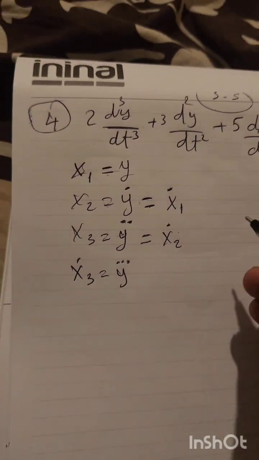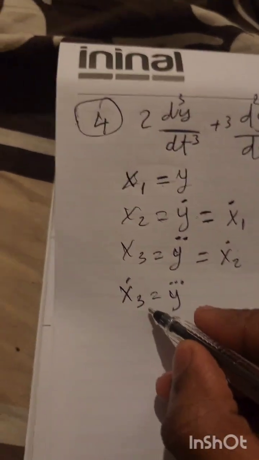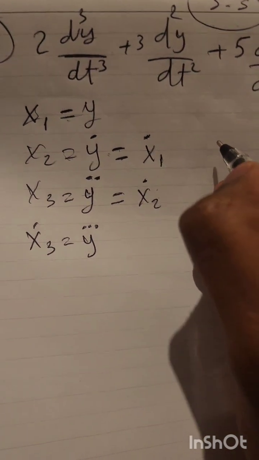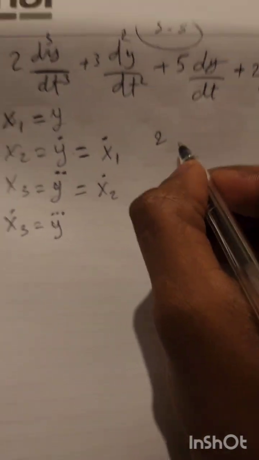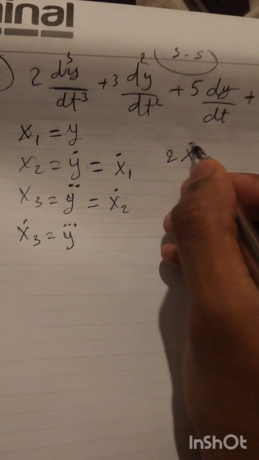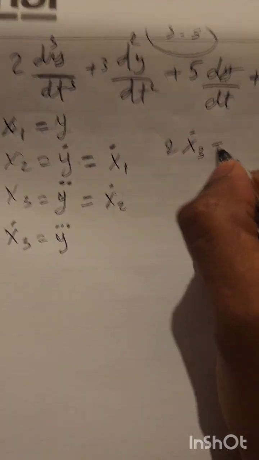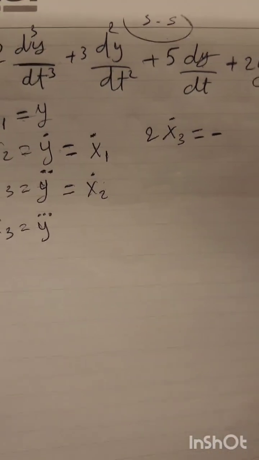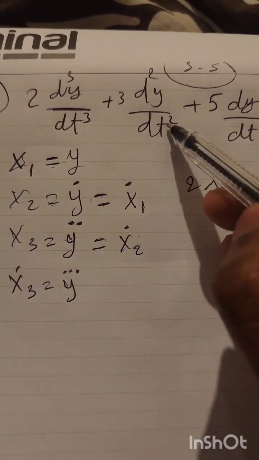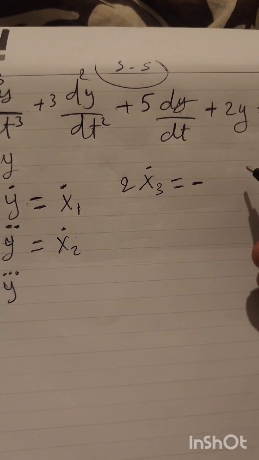So let's get the first derivative of x3. So we have here our x3 is, let's say, 2x3, the first derivative of x3 equals minus y minus, because we move this one from this side of the equation to the other side.